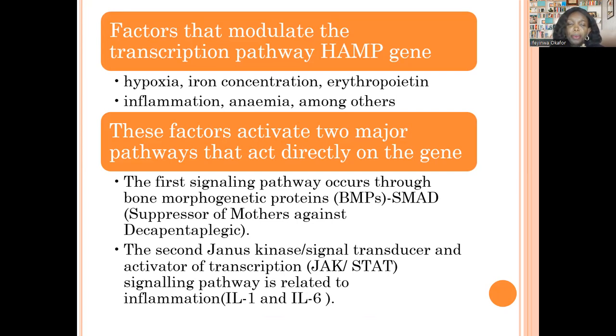So the pathways involved in modulating HAMP gene transcription are the BMP-SMAD pathway and the JAK/STAT pathway, where BMP is bone morphogenetic protein and SMAD stands for suppressor of mothers against decapentaplegic.